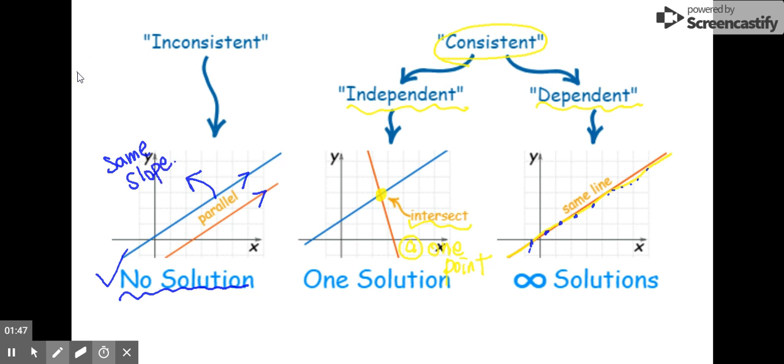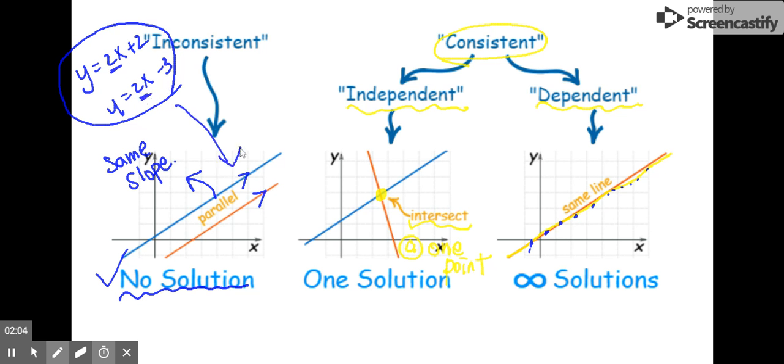So when you look at a system, for example, like y = 2x + 2, y = 2x - 3, I would not even start graphing, because when I look at the question I see that the slopes are the same, which means they're going to be parallel when they have different y-intercepts, right? You may just say it is going to be no solution because the same slope means those two lines will be parallel, and so it's an inconsistent system.